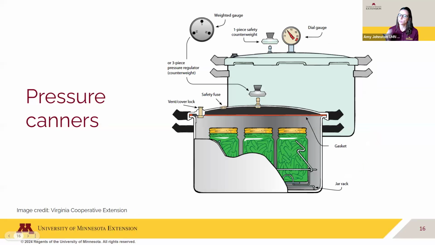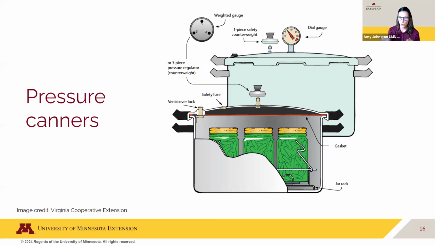So I just have a couple different diagrams or images of pressure canners, and I'll point out some key features. You can see in the bottom of this illustration, there is the jar rack, and this is important for water to be able to circulate and for that steam to be produced and circulate freely.